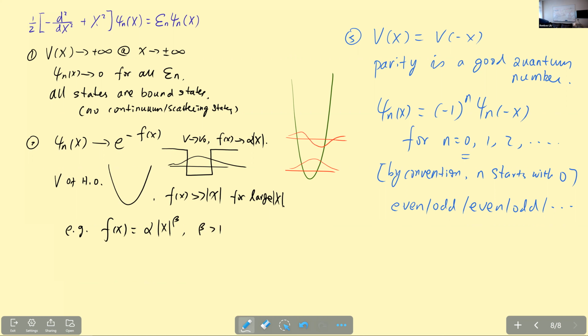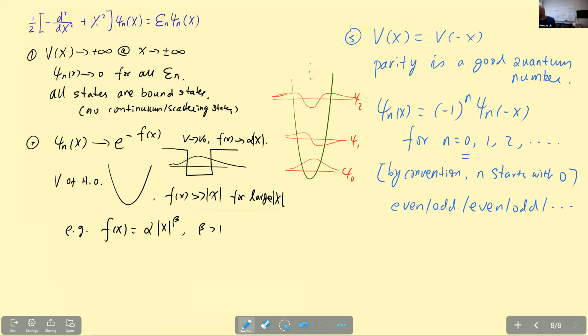Sorry, this is bad drawing. And then the next state will be something like this. It's an even function. So this is ψ_0, ψ_1, ψ_2, and so on and so forth. We don't need to know the specific form of these functions, but we know that they must be even and odd functions alternately.